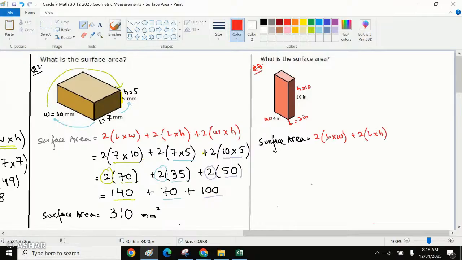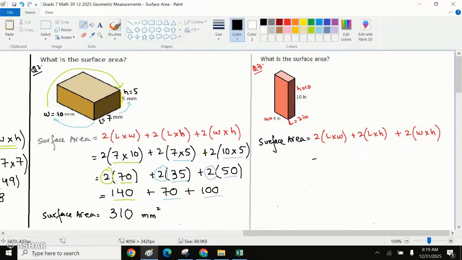We did both the combinations. Length goes with width, length goes with height. What are we left with? We are left with width multiplied by the height. It's our choice whatever we want to label. The width could be 4, the length could be 4. So I labeled 2 inches as the length, width 4 inches, and the height would be 10 inches, right?